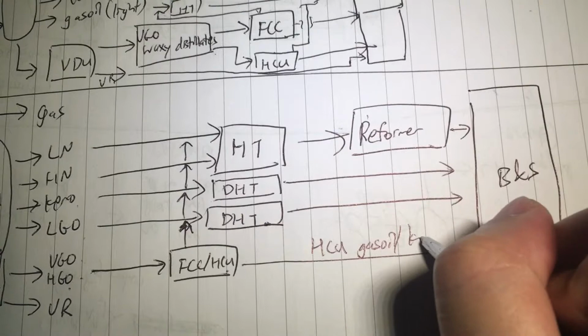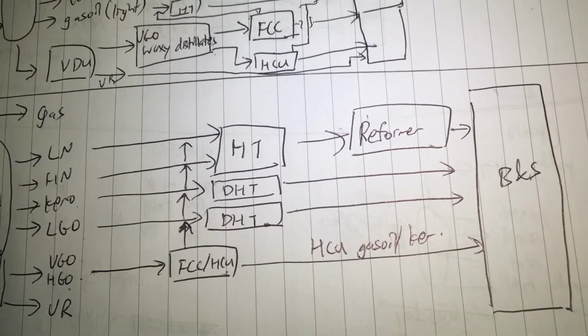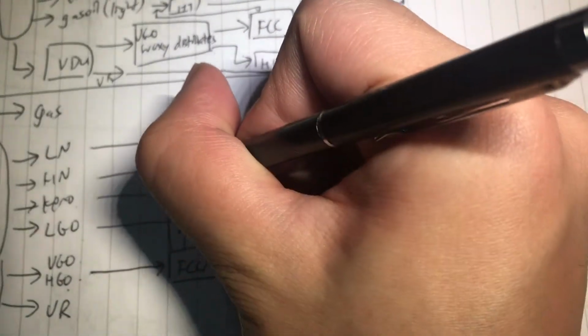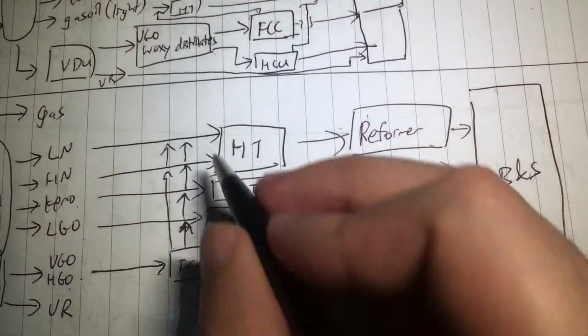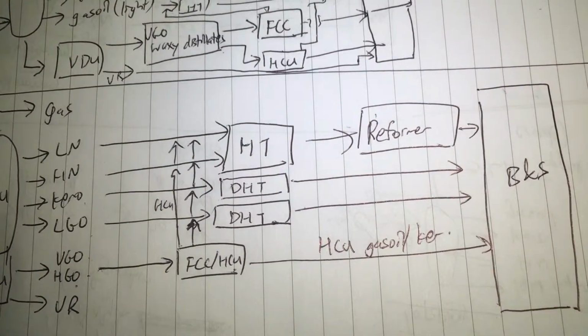Gas oil, kerosene. You can send it straight to the blending and storage if the sulfur requirement isn't that stringent. The rest, I can send it to the hydrotreating from the HCU, again because of the mercaptan content.